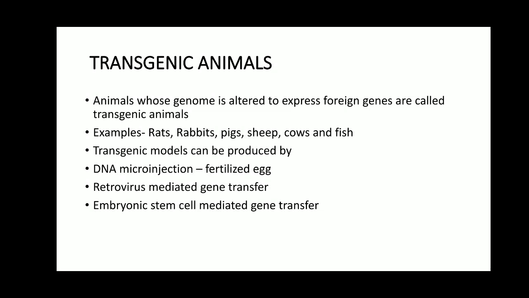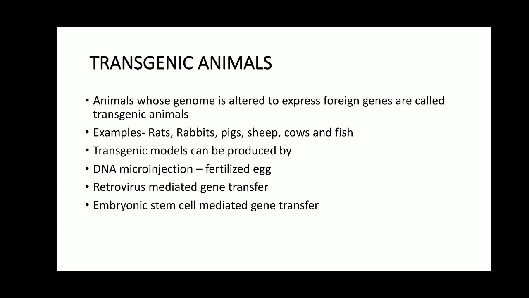If you want to study any disease, because human life is precious, we cannot use the human life for testing purpose, right students? Nobody will be interested, apart from certain volunteer people, no one will be interested to give their life for testing these vaccines or medicines and all.